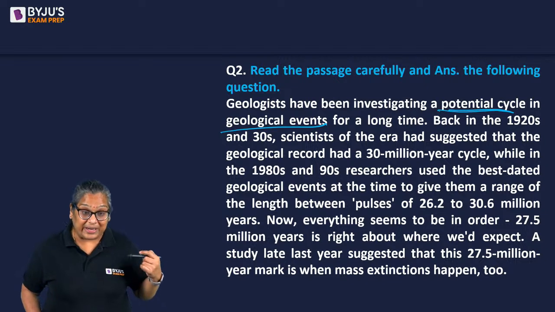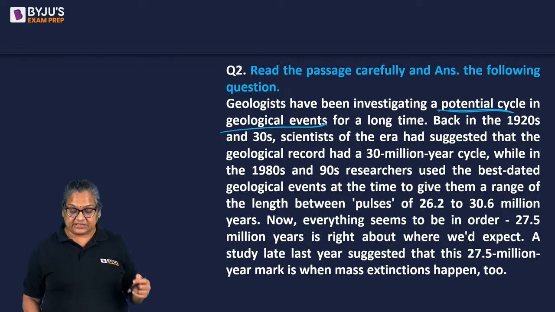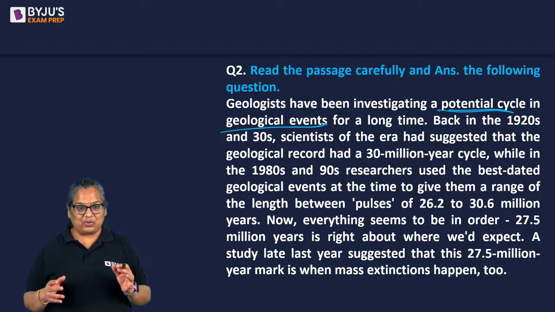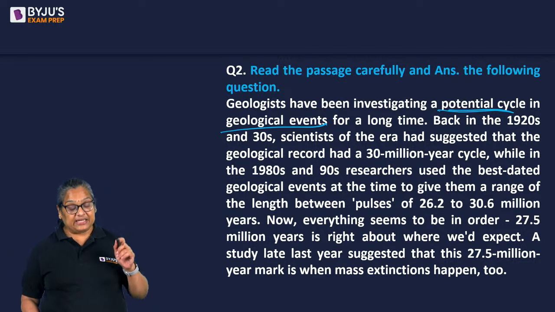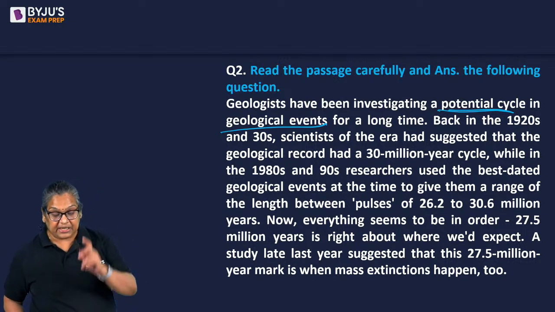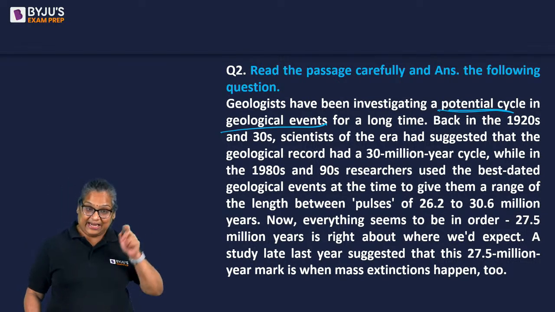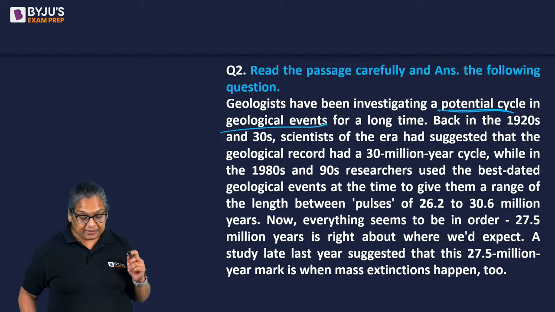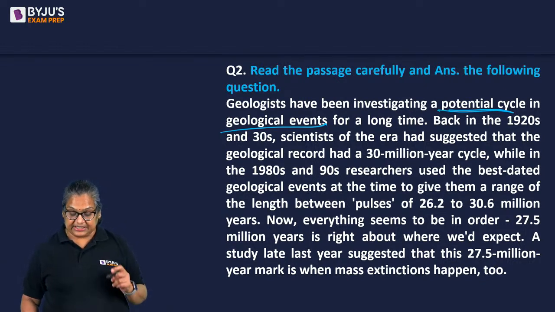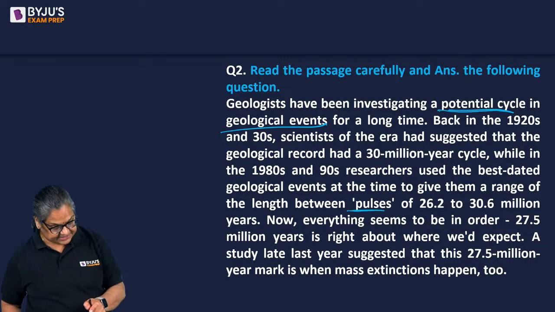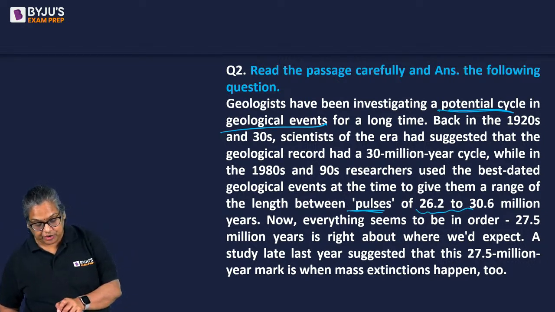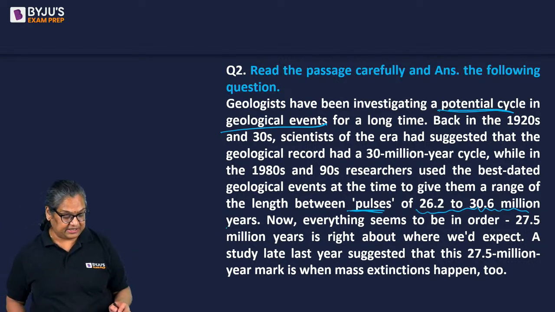Back in the 1920s and 30s, scientists of the era had suggested, so there are different theories about this cycle, that the geological record had a 30 million year cycle, while in the 1980s and 90s, they used the best dated geological events at the time that gave them a range of pulses of 26.2 to 30.6 million years.